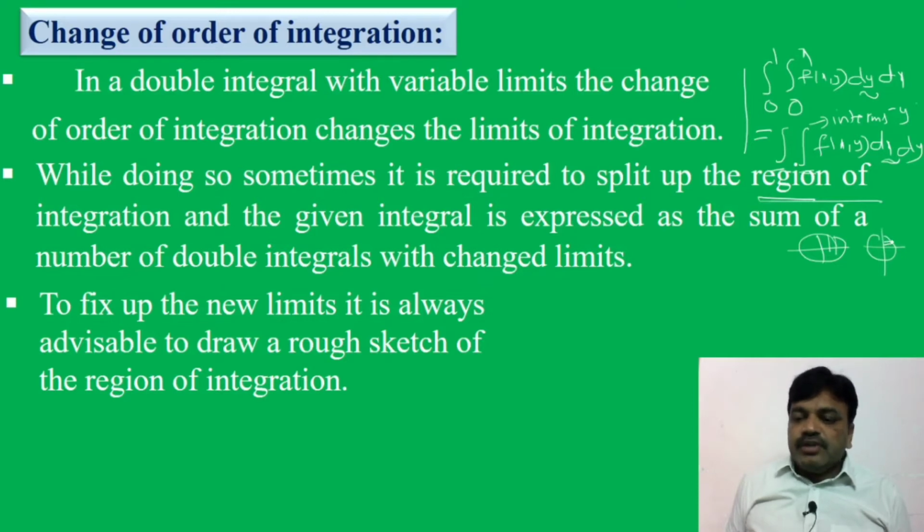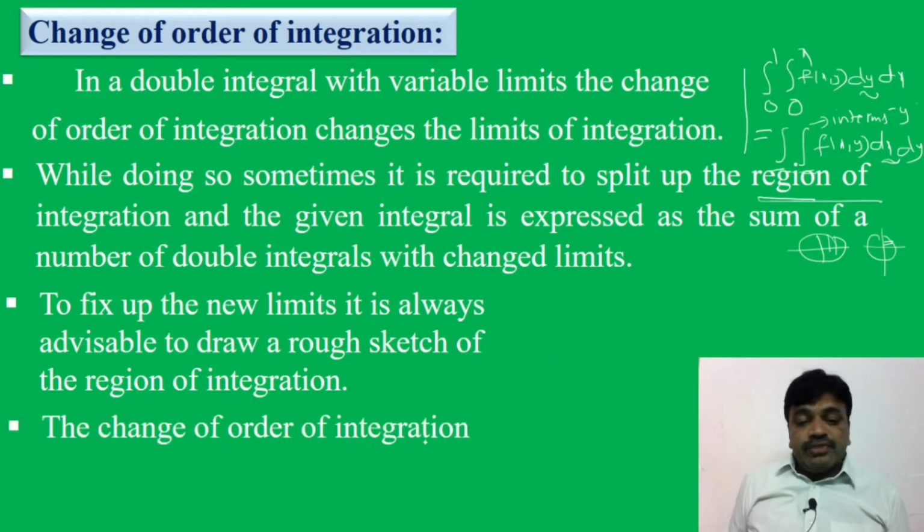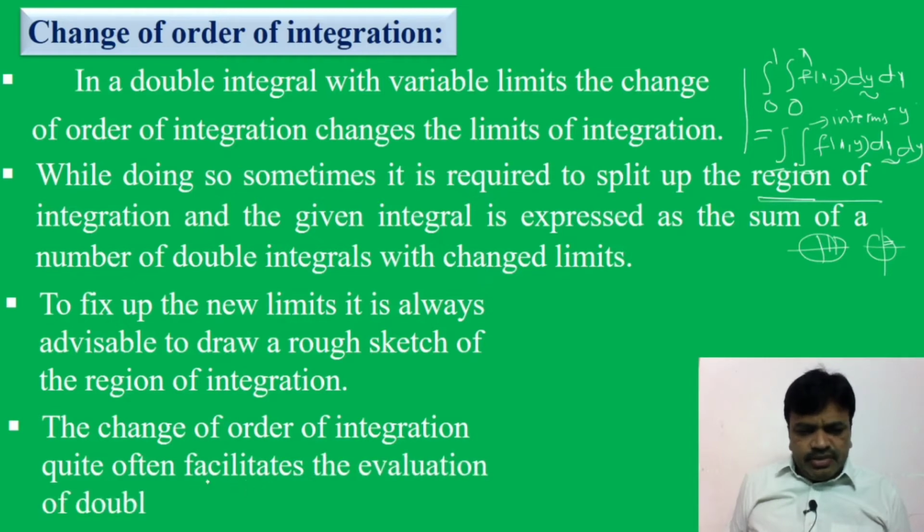When I draw a horizontal strip, we see the limits here. That way he says that sketch of the region of integration. The change of order of integration quite often facilitates the evaluation of double integrals.